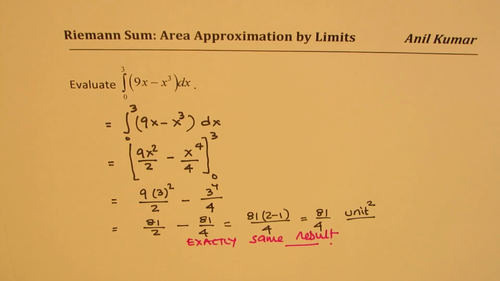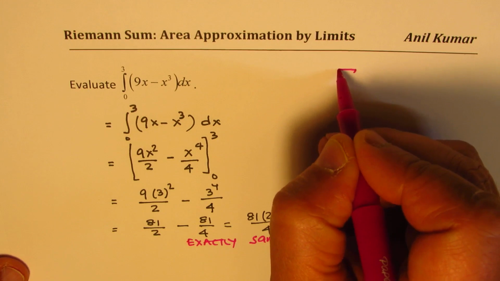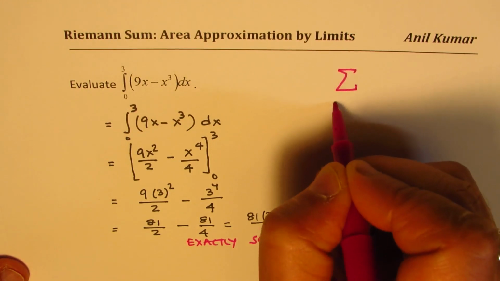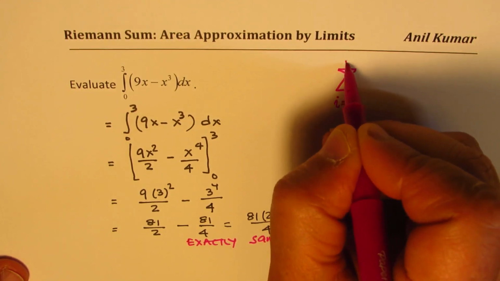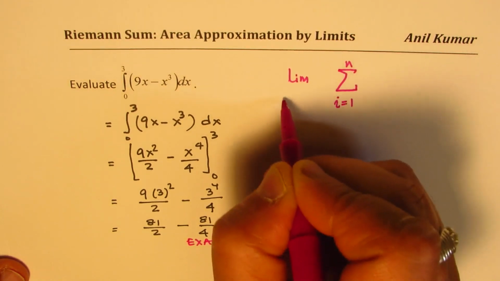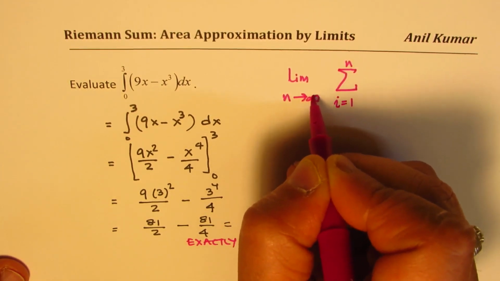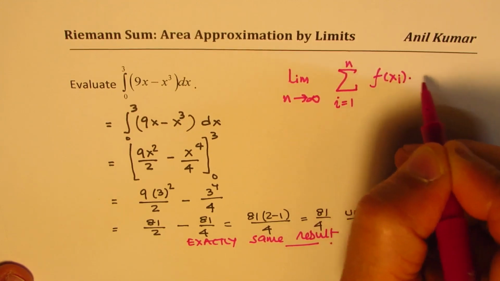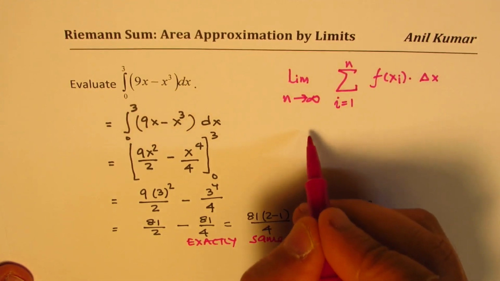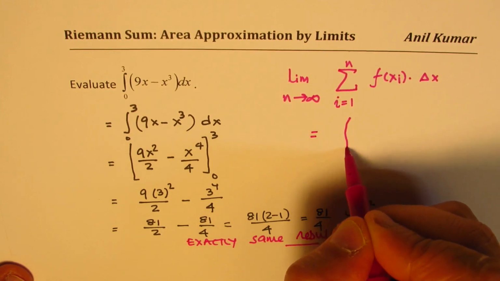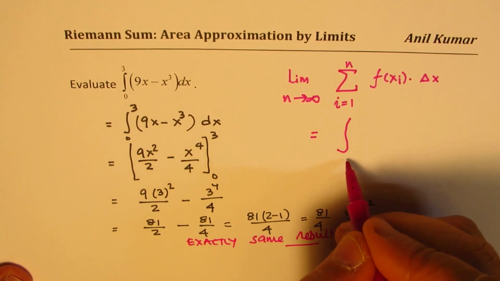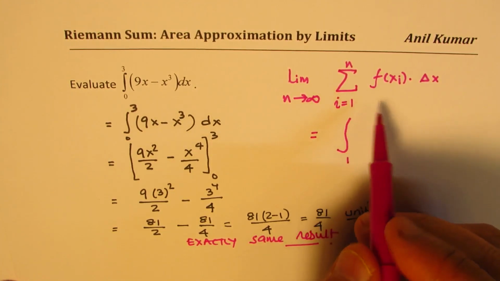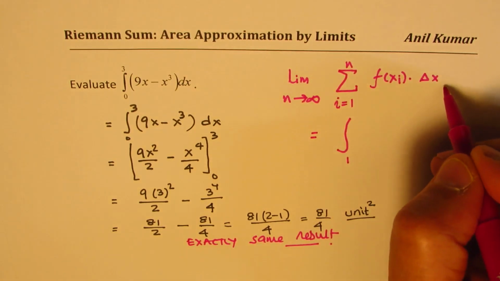So when n approaches infinitely large, the concept here was the summation of the areas from i equals 1 to n, where the limit n approaches infinity is kind of critical, for f of xi times delta x, is basically equal to the definite integral. It depends what interval you're doing, right?